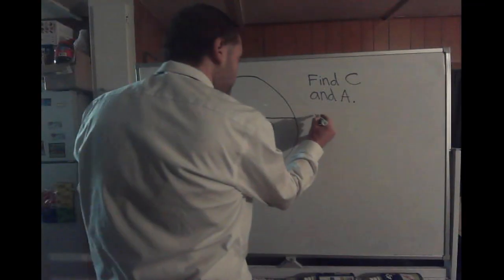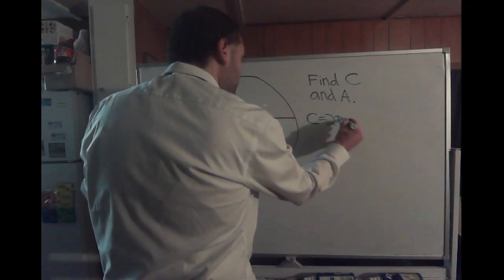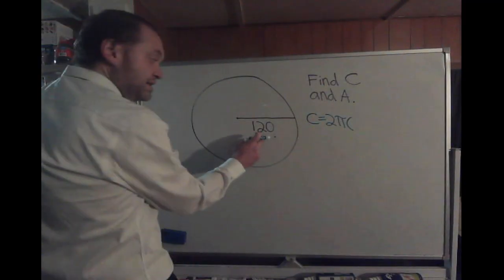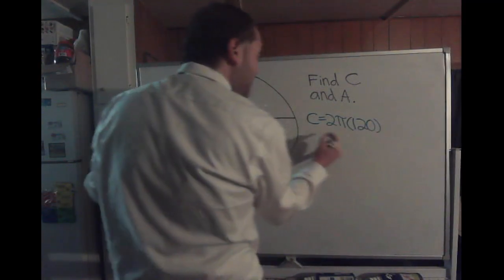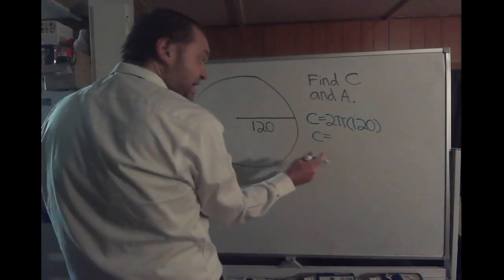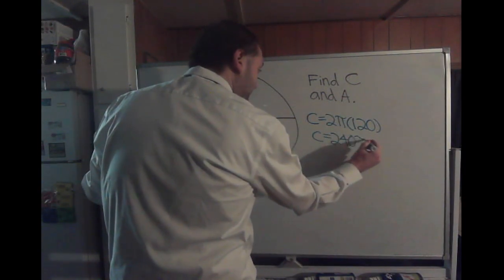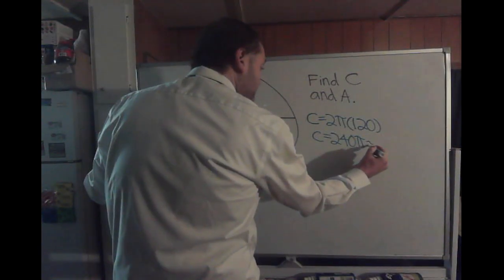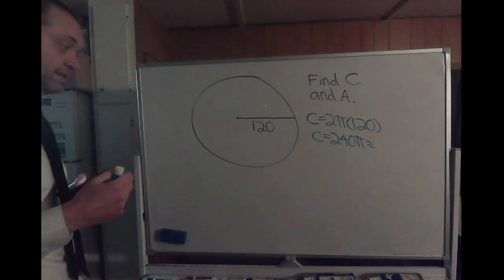So to find the circumference again, you'll take 2 pi times your radius of 120, which now, if we were going to leave the answer exact, you would get exactly 240 pi. But we're going to do a decimal approximation to 1 decimal place.